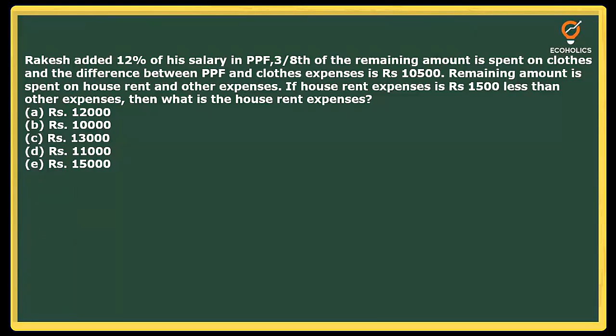Let's start now. Rakesh added 12% of his salary in PPF, 3/8 of the remaining amount is spent on clothes, and so on. Okay, so let's say total is 100.